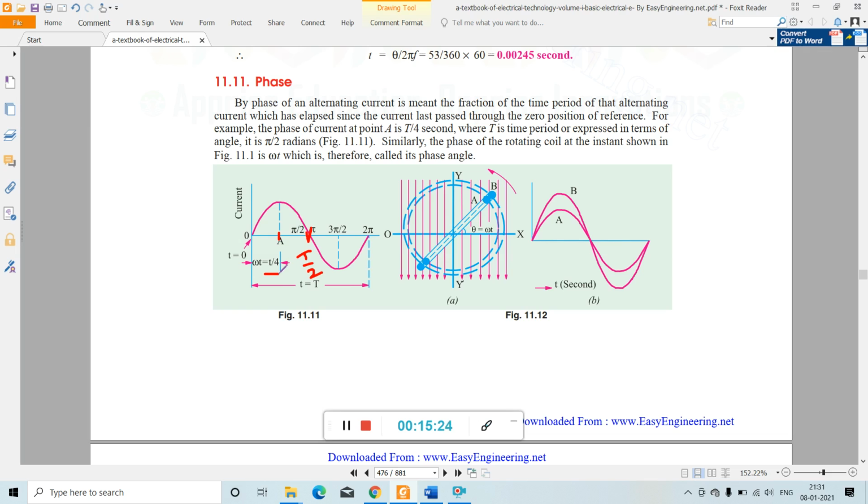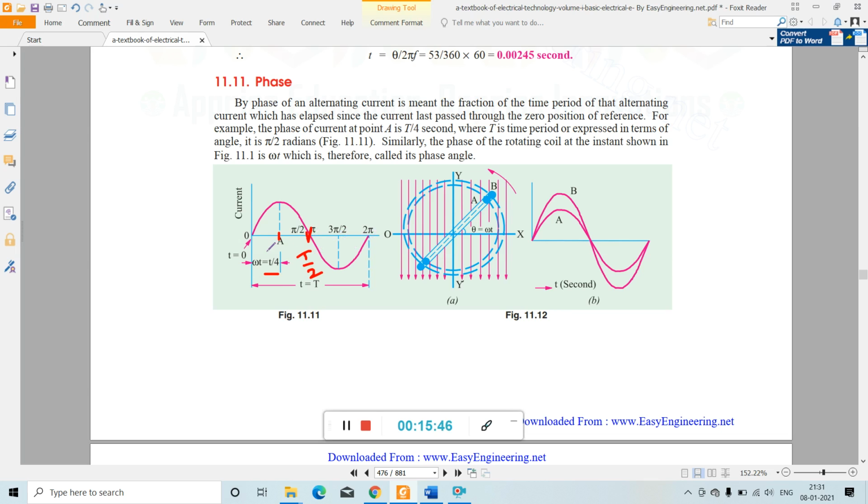So at point A, in terms of time, the phase is T by 4. At this point its phase is T by 2, at this point T, at this point 3T by 2.